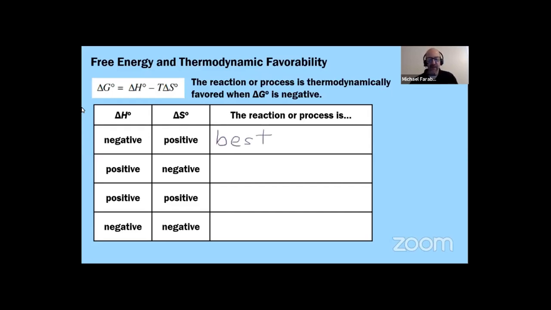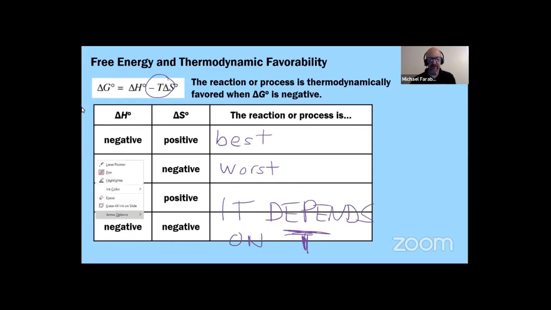And then the next row of the table, I'm going to call this a worst case scenario. And then in these examples, I would say in general, it depends. Well, it depends on what? It depends on the value of the temperature. So in terms of the delta H minus T delta S, that temperature is going to be important in certain situations.